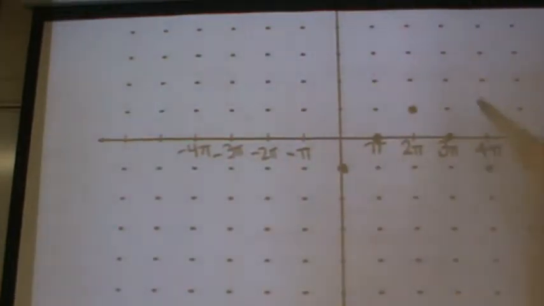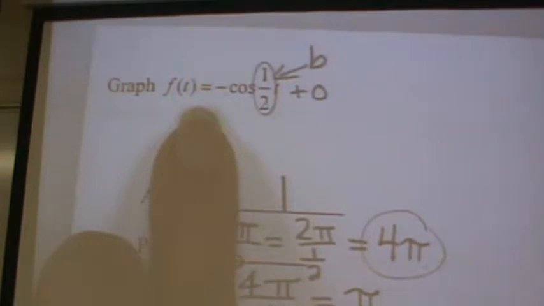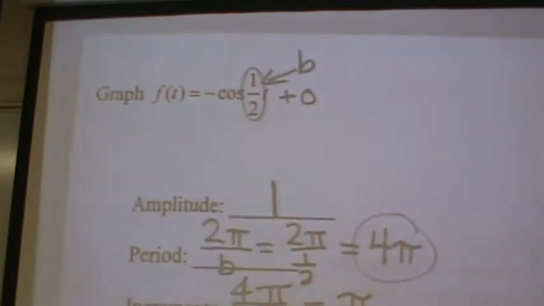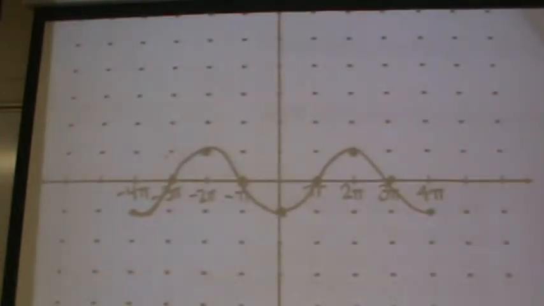And you're going to start below, on, above, on, below. Does that mean the amplitude is variable? The amplitude is 1. This is a reflection over the x-axis. Okay? How's that?